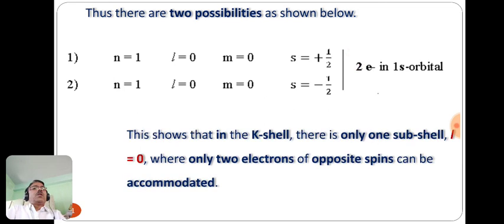Now this shows that in the K shell there is only one subshell, that is L equals 0, known as the s subshell, and only 2 electrons of opposite spins can be accommodated in this one subshell or 1s orbital. Only 2 electrons can be accommodated, and this is the address for the first electron, and this is the address for the second electron.